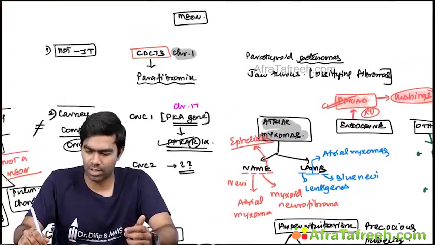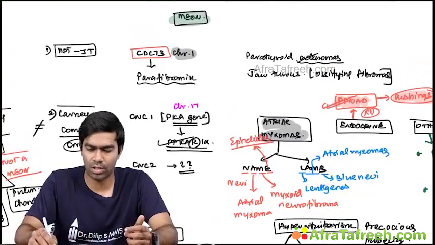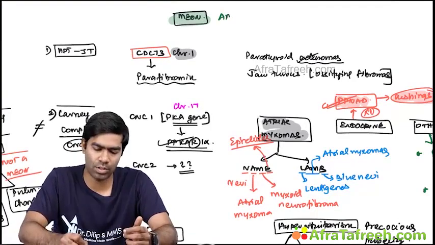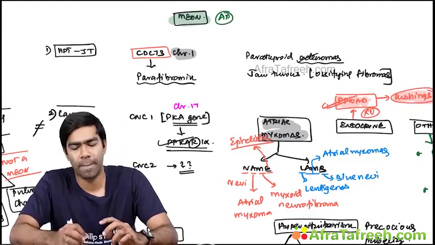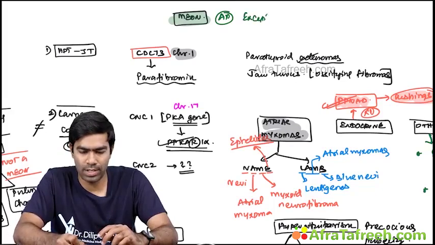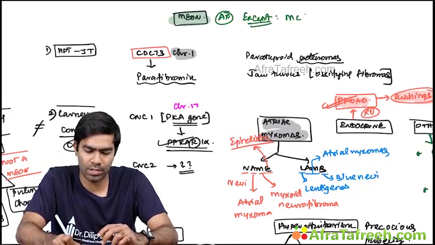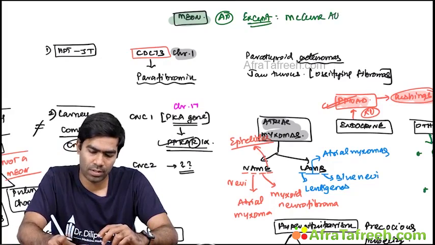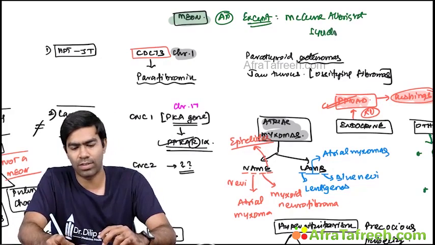Cowden syndrome. Remember, every single MEON which I have described till now is autosomal dominant in inheritance. The only exception is McCune-Albright syndrome, which is not an inherited disorder. In fact, this is a sporadic disorder. It's not at all an inherited disease.